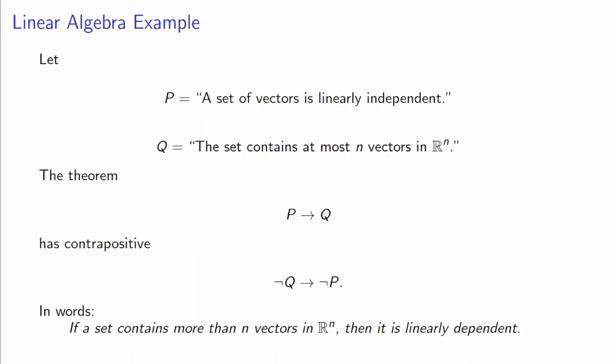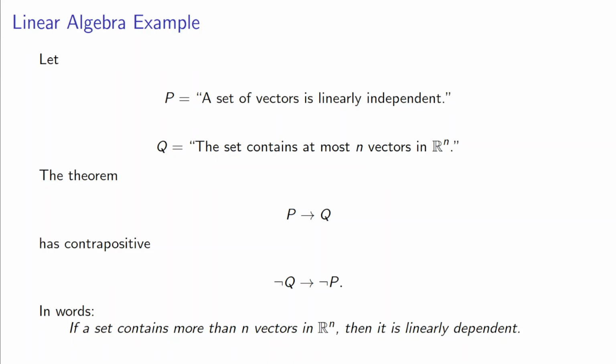And our theorem might say if P then Q. So if a set of vectors is linearly independent, then it contains at most n vectors in Rn.